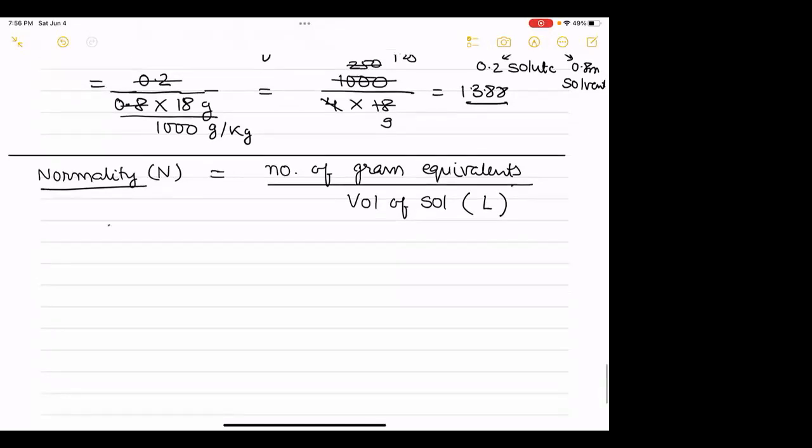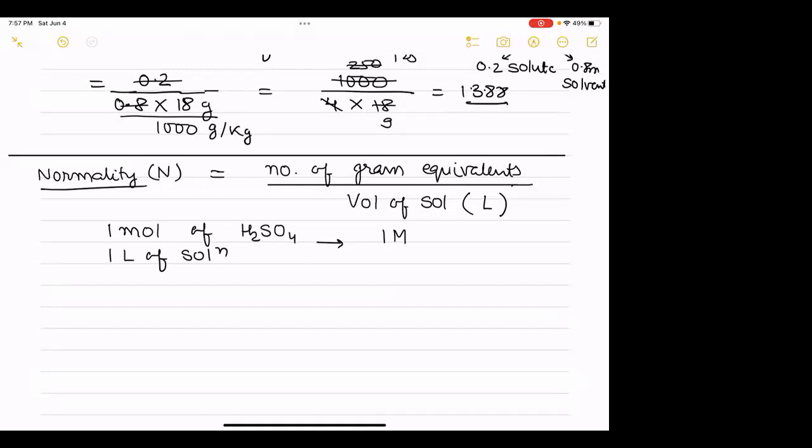Suppose you take 1 mole of H2SO4 in 1 liter. Its molarity is going to be 1 molar because you have taken 1 mole of H2SO4 in 1 liter. Is it clear?